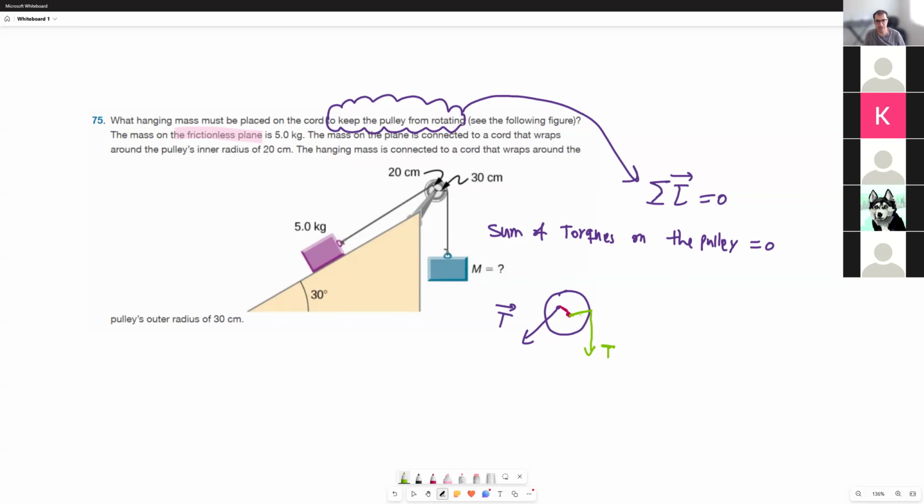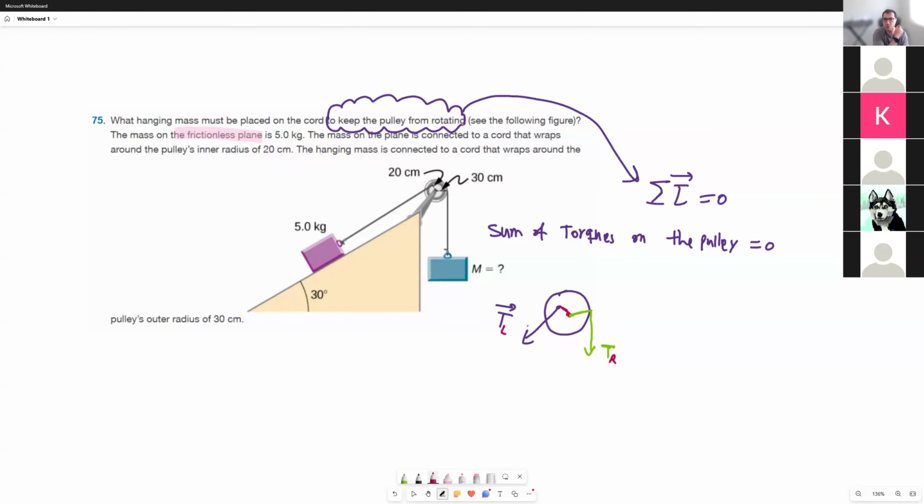The torque of these two tensions have to be exactly the same, right? Let me call this tension on the left, tension on the left, tension on the right.